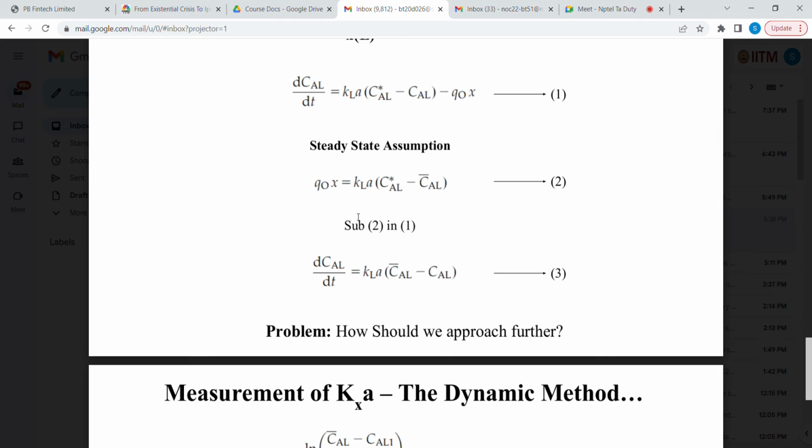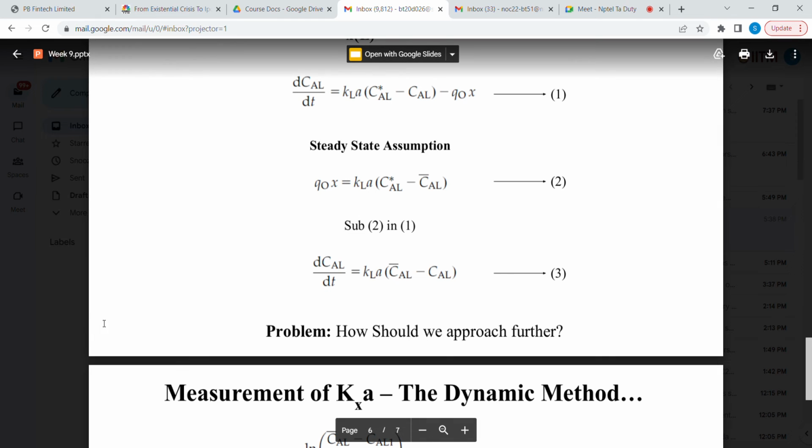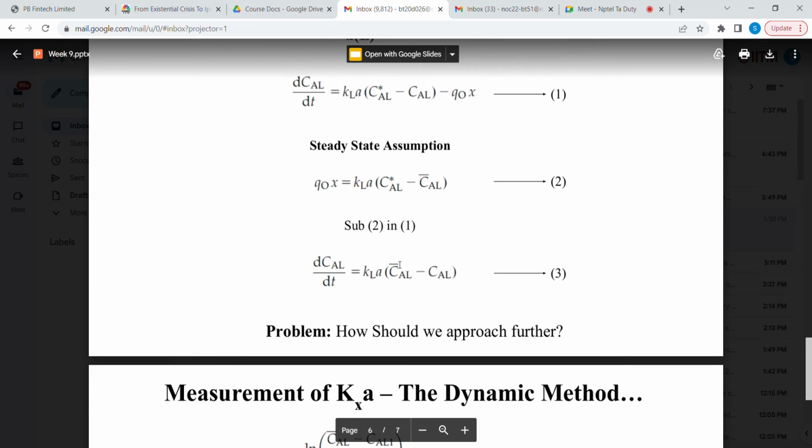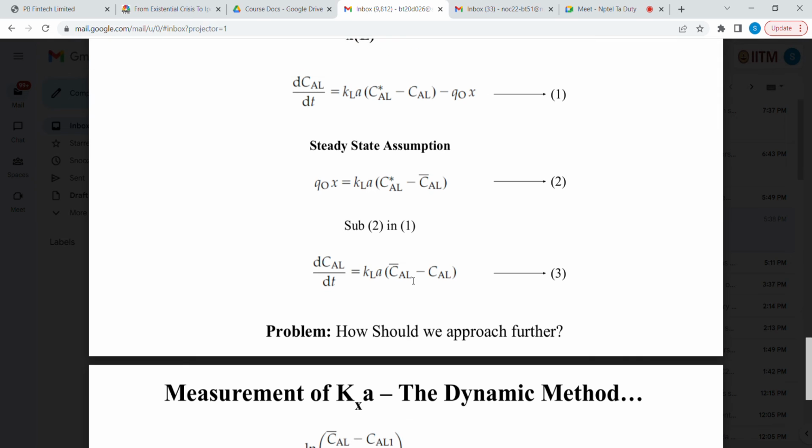So CAL dash minus CAL, if you think about it, what is C star? C star is the oxygen saturation concentration in a pure liquid. No, sorry, let me rephrase it.